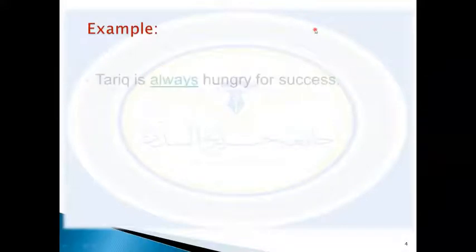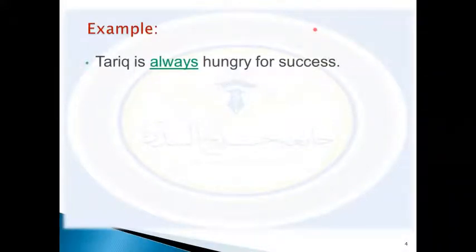So let's take some examples in the form of sentences. Tariq is always hungry for success. Tariq is always hungry for success. Always here is an adverb that describes what? Let's say the verb, okay?